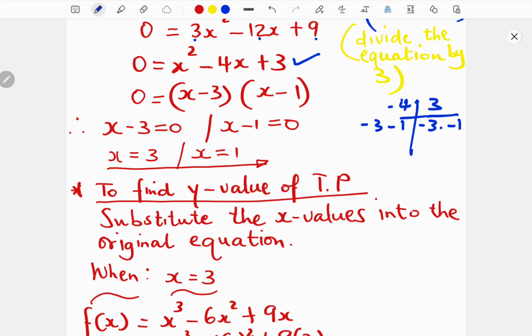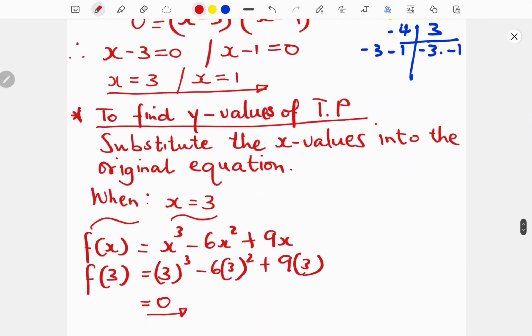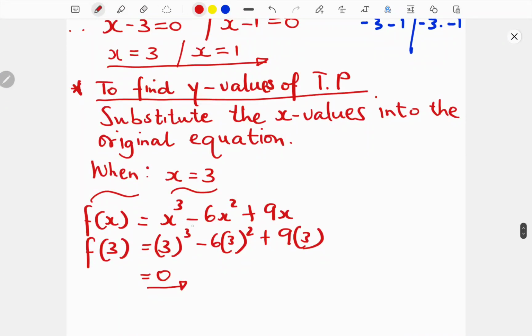How to find the y values? It must be the y values of the turning points. We're going to substitute the x values into the original equation. The original equation was given as f of x is equal to x to the power 3 minus 6x squared plus 9x.